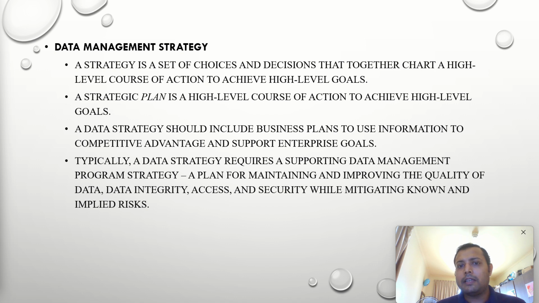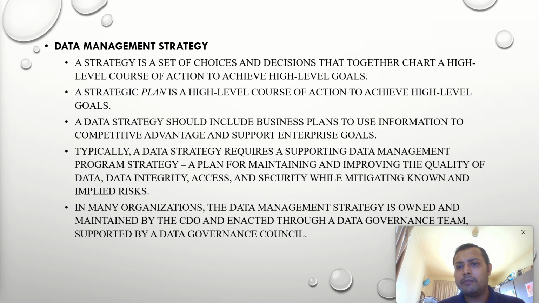Now, in many of these organizations, you will see that the data management strategy will be owned and maintained by the chief data officer, right? And it would be enacted through a central data governance team. There would be a data governance council.